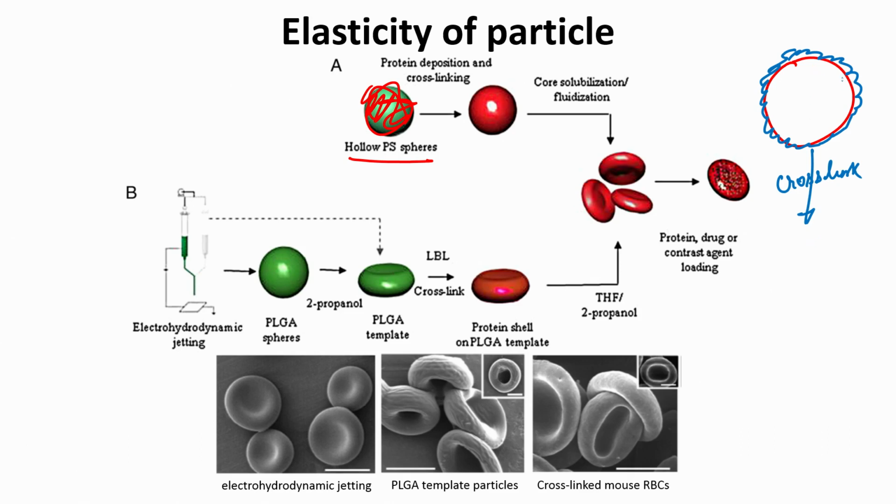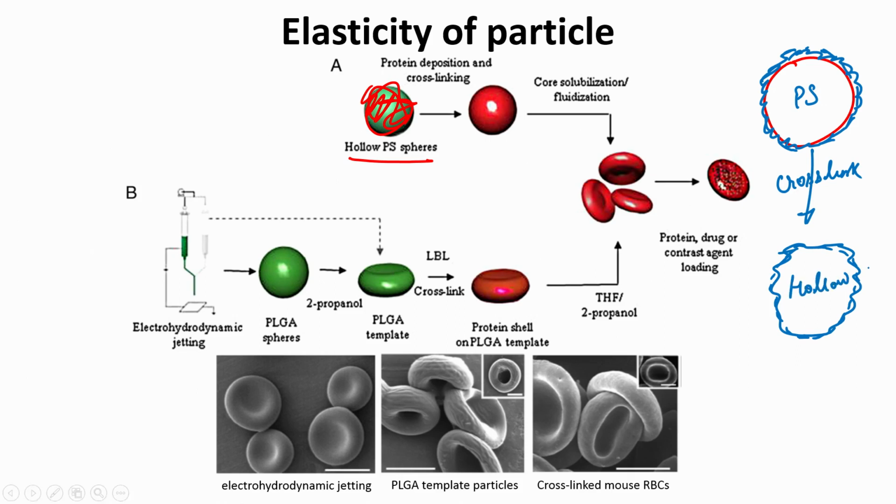So, now whatever proteins were present on the surface will get cross linked, will form bonds between the neighboring proteins and hence become very stable. Then you come with a solvent that is going to dissolve this polystyrene. So, then what you end up with is a very soft hollow protein structure which is cross linked on the surface and is hollow.